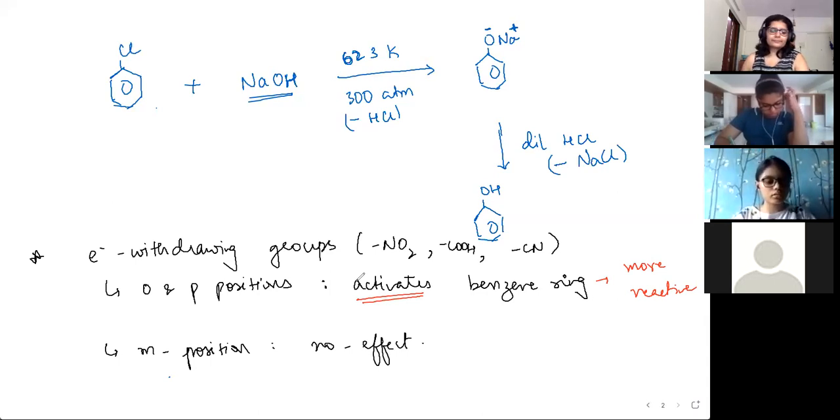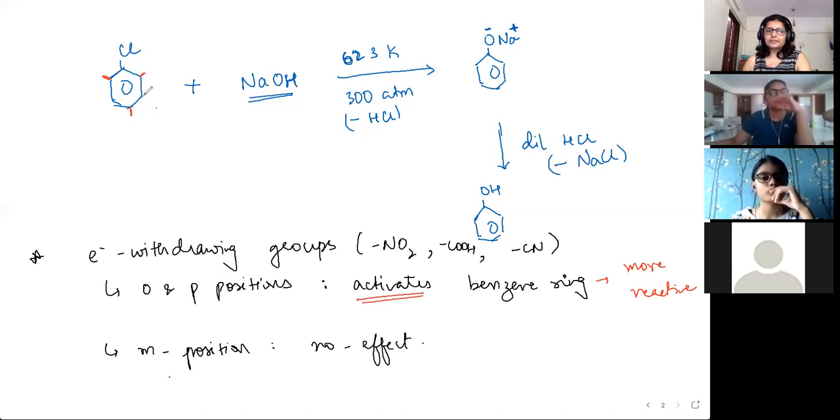And electron withdrawing groups at ortho and para positions in haloarene: one is chlorine, and if you have an electron withdrawing group over here or here, this activates the benzene ring and this reaction can take place further. I mean, it takes place faster.